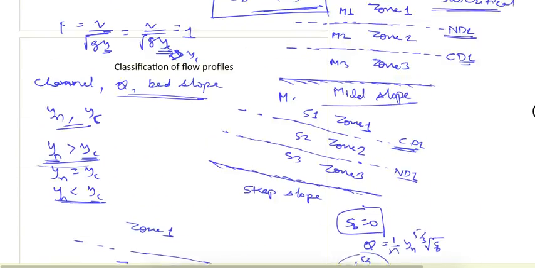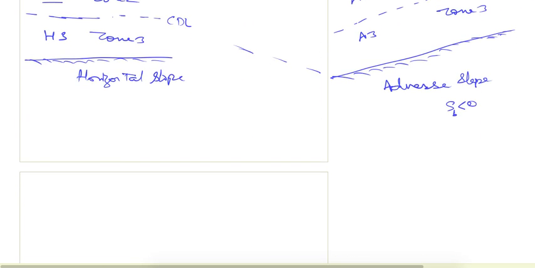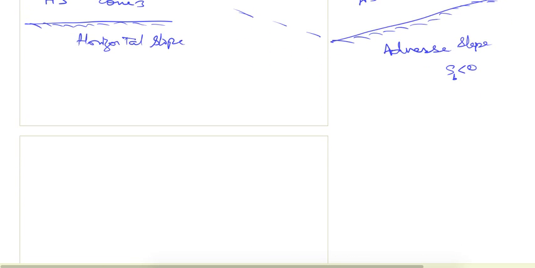Now we'll see the different profiles which occur in these one by one. Let's start with mild slope. We use the equation dy by dx for a wide rectangular channel, equal to SB times (1 minus (yn upon y) to the power 10 by 3) divided by (1 minus (yc upon y) to the power 3). We can use either Chezy or Manning's equation here.